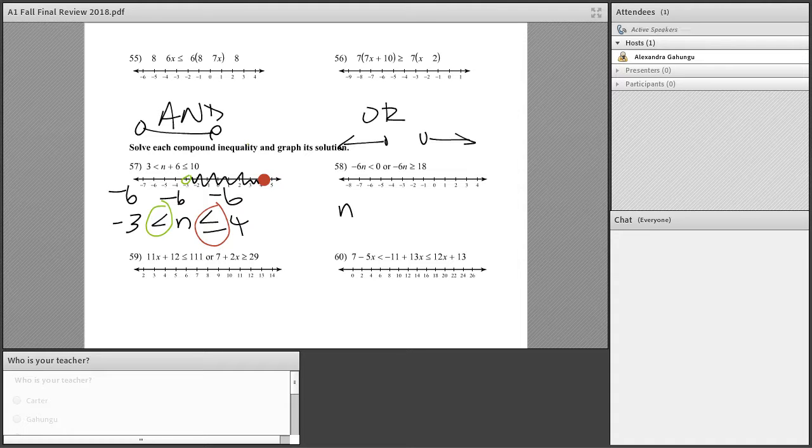So we get n, and 0 divided by -6 is 0. But we did divide by a negative number. Right, we divided by -6 here, and -6. So that actually means we are going to flip the inequality sign. And we still have or. And now we're gonna divide by -6 again.